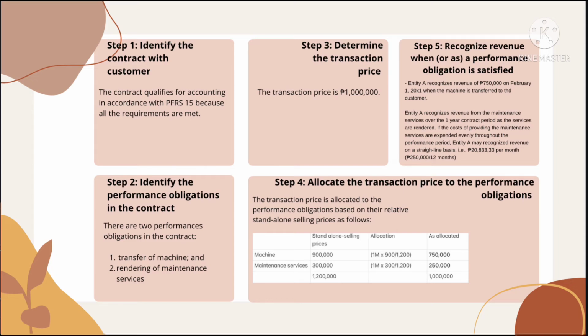Step 5, recognize revenue when a performance obligation is satisfied. The promise to transfer the machine is a performance obligation satisfied at a point in time because it does not meet any of the conditions for a performance obligation satisfied over time. The promise to provide the maintenance services is a performance obligation satisfied over time because the customer simultaneously receives and consumes the benefits from the maintenance service as they are rendered.